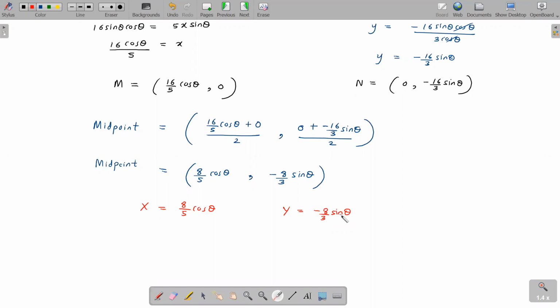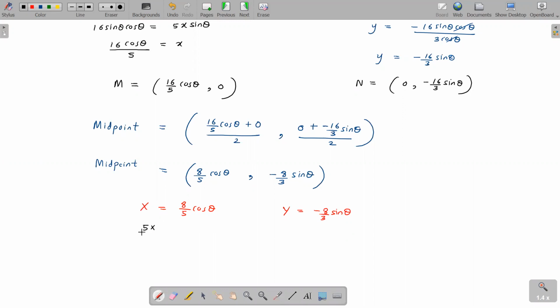How do we eliminate theta here? What is the primary equation we need to use to eliminate theta? We use sine square theta plus cos square theta equals 1. That's the primary equation we need to use to eliminate the theta and get x and y together. Okay, so then what do we get here?